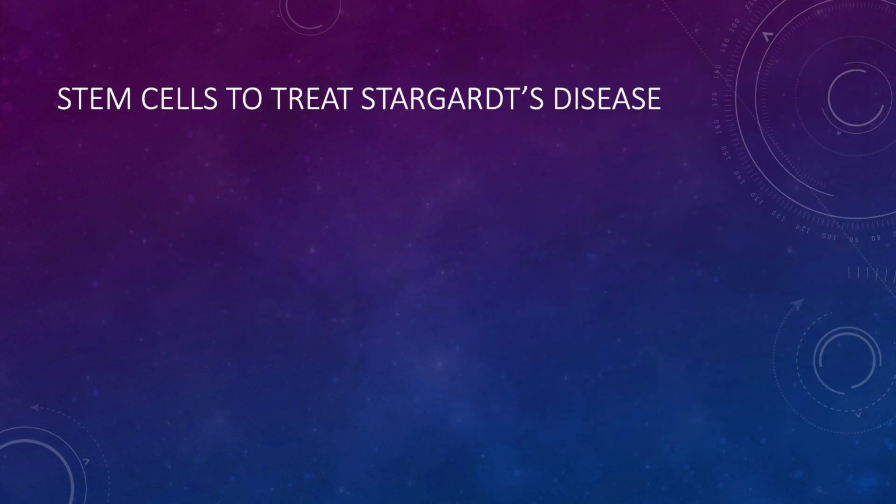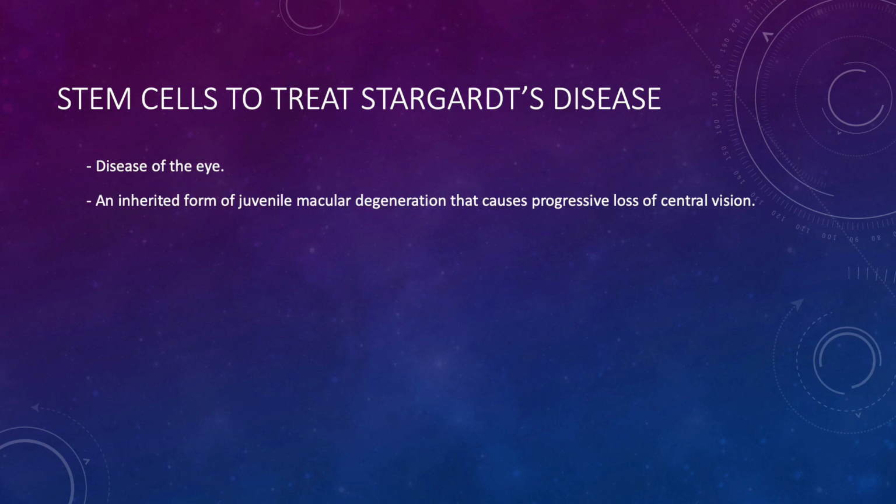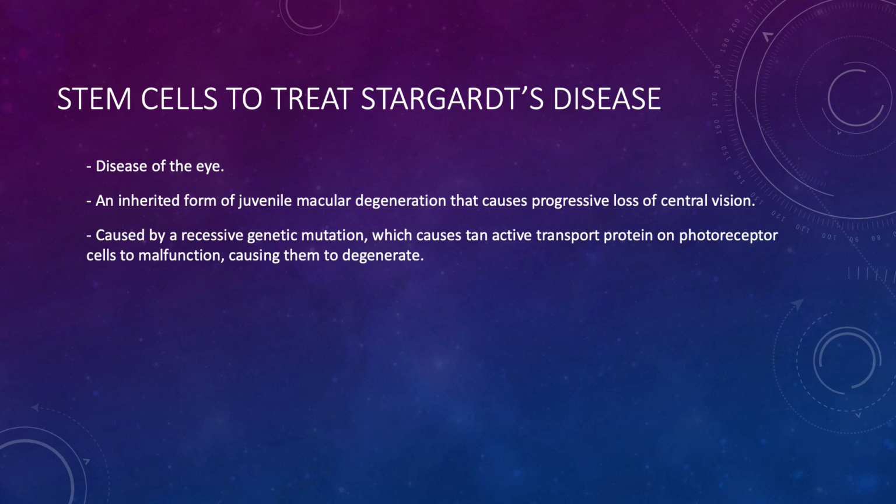So stem cells can be used to treat diseases, and the first disease that we'll look at is Stargardt's disease. This is a disease of the eye, and it is an inherited form of juvenile macular degeneration, which causes progressive loss of central vision. It's caused by a recessive genetic mutation, which causes an active transport protein on the photoreceptor cells to malfunction, causing them to degenerate.